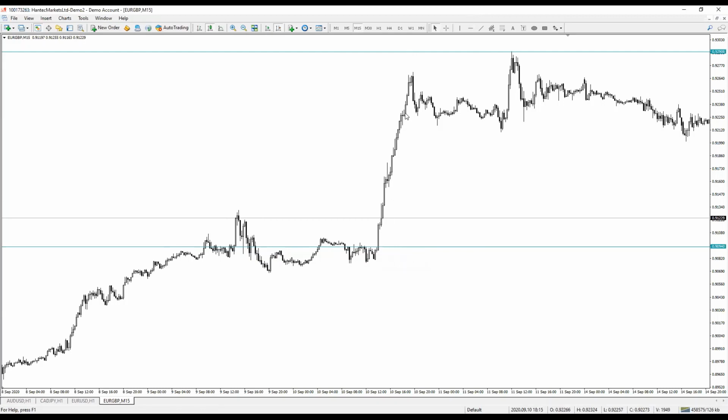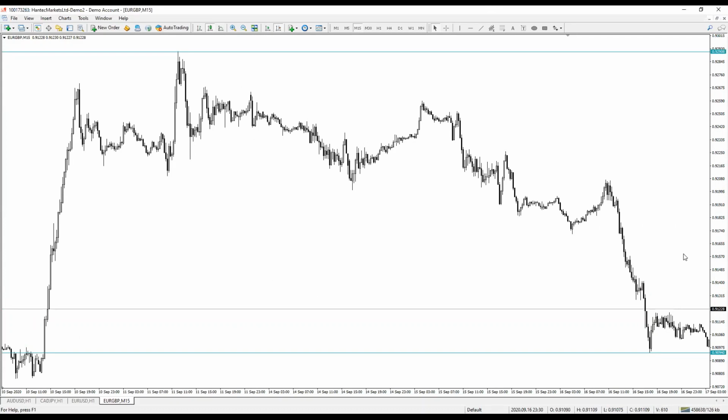So prices rise until they find more sellers. Through all this rally, it was very hard to find enough sellers to stop price. Every time it finds sellers, it continues to go up and break more and more higher levels. So at the origin of this move, we assume we can find a big chunk of buyers willing to buy at this specific price. Let's see what happened once price had gone back to that place.